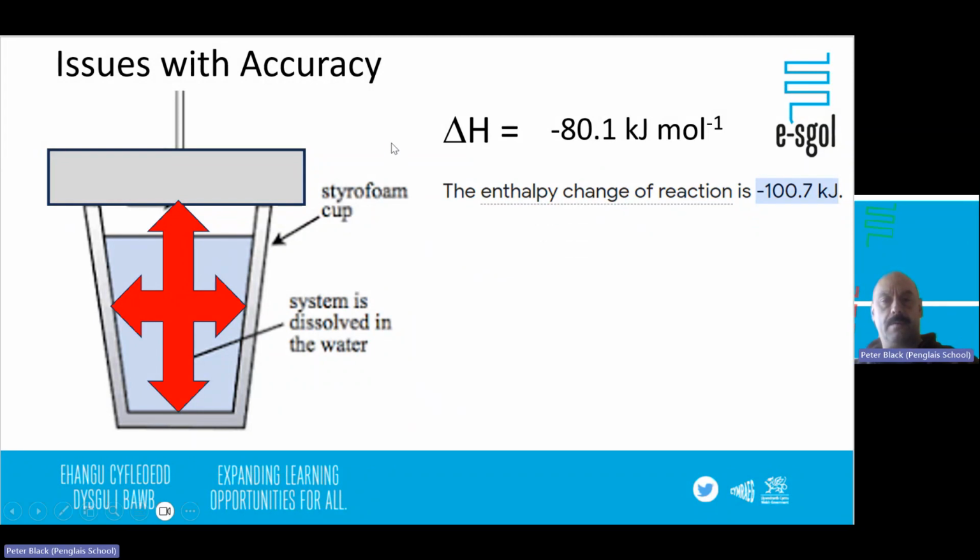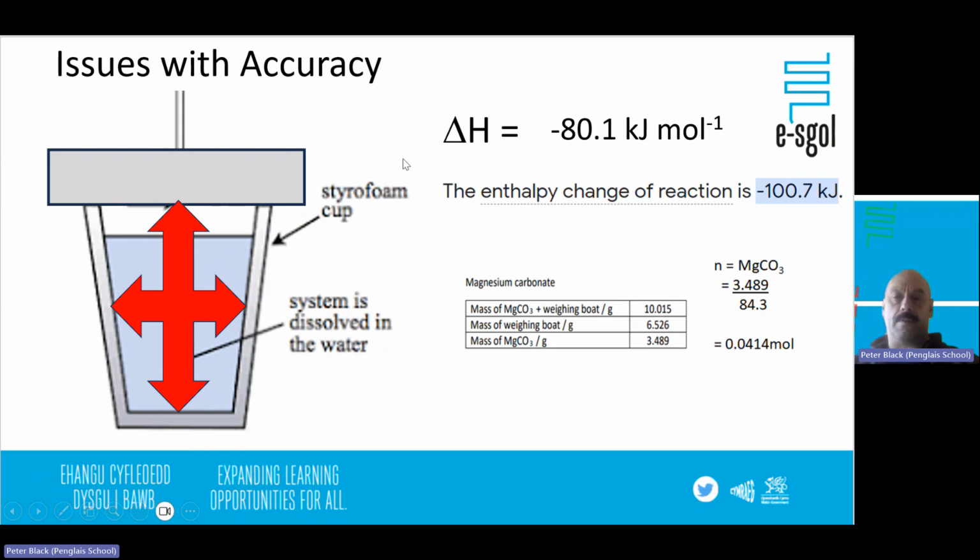That would be one thing that might cause our accuracy to be lower than we'd want. There's another issue that could explain why we're not getting as much heat as we'd expect, and that's to do with the number of moles that we've used. If we've used 0.414 mole, we'd hope that all 0.414 mole would release all of its heat, but that may not happen. Some of it might be impurities in the magnesium carbonate, hopefully not.